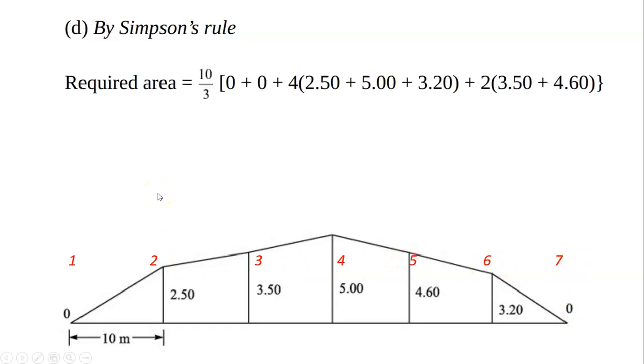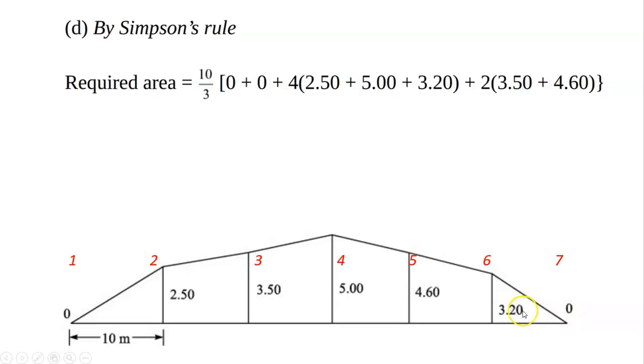According to Simpson's rule, it says d by 3 into the first offset plus the last offset plus 4 times the summation of even offsets plus 2 times the summation of odd offsets. Now, 10 divided by 3, 10 is d, plus the first one is 0, the last one is also 0, plus 4 times 2.5, 5 and 3.2.